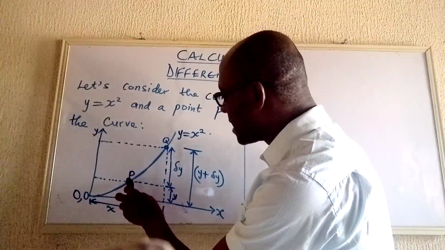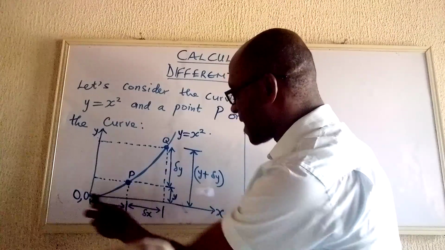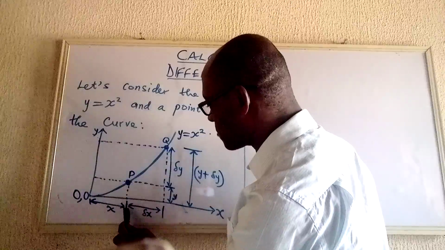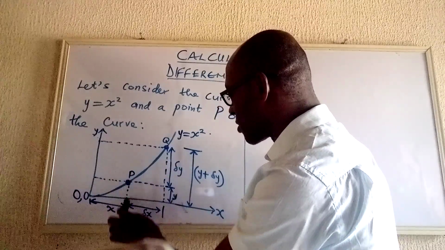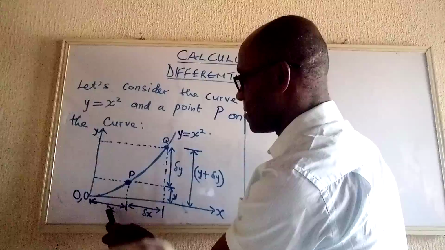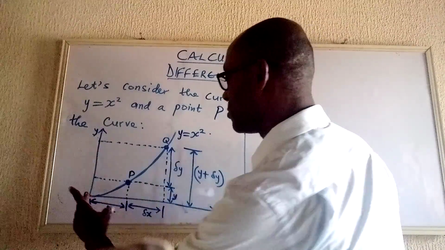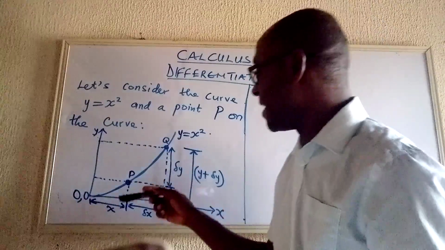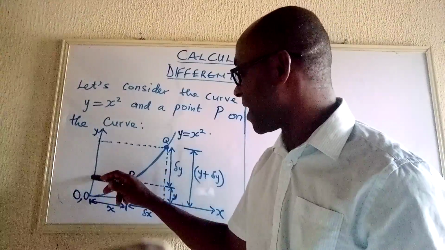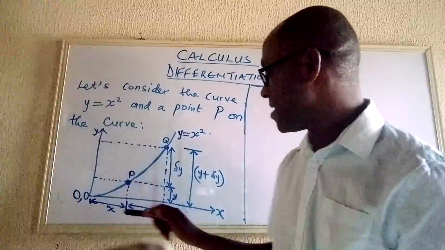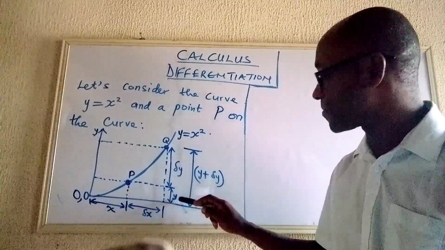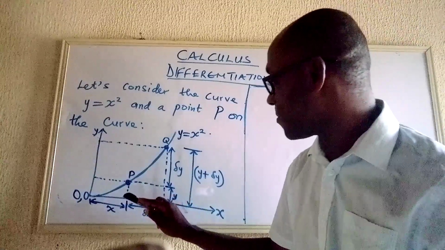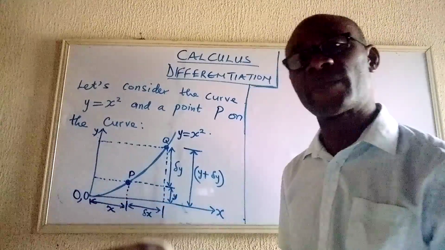So when I drop down a dotted line on the x-axis, the gap from the origin to where point P is dropped is x. Then, from here to here will be the value of y.